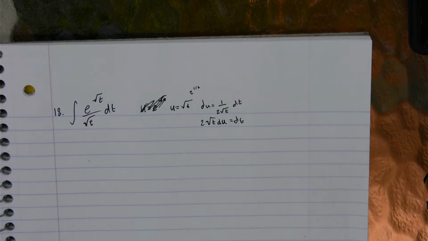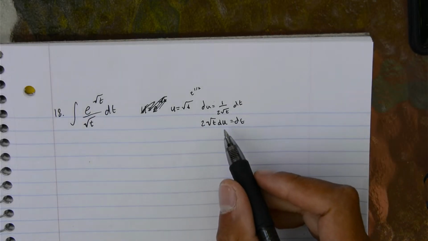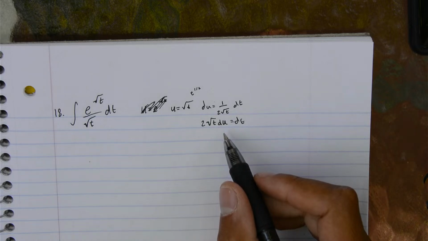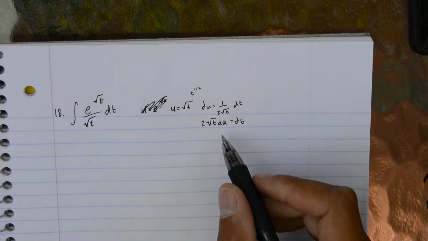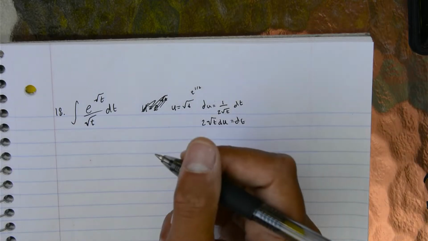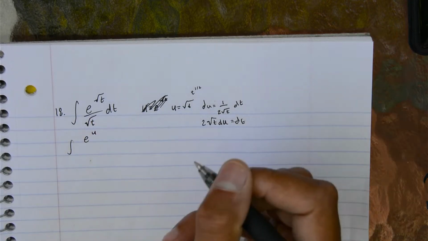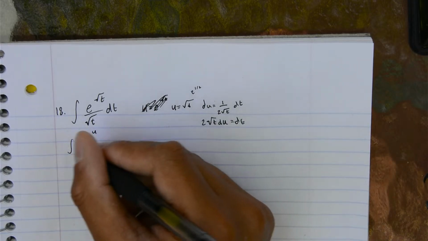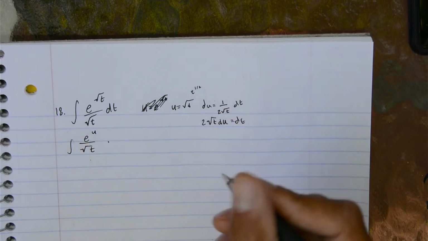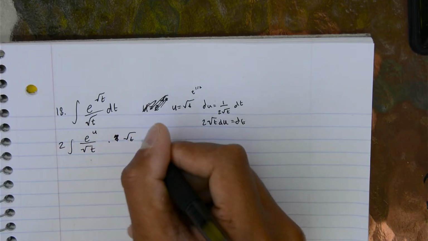So this is problem 18. E to the square root t over square root t dt. So I'm thinking if we do this, because we don't have to substitute this, we can just let it be e to the u over root t times 2, let's leave this 2 here, root t du.